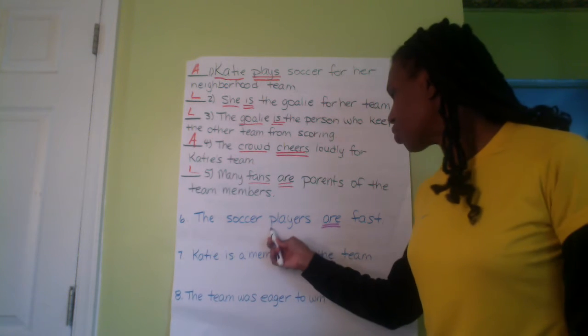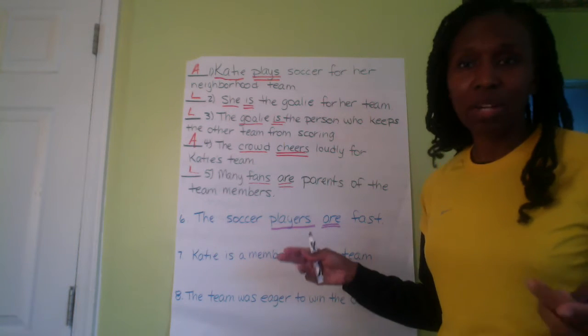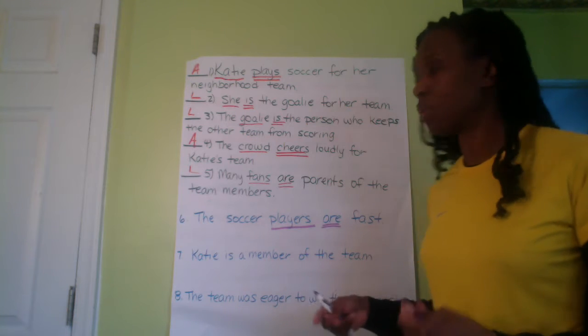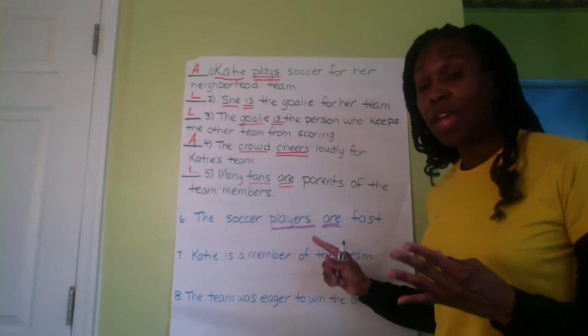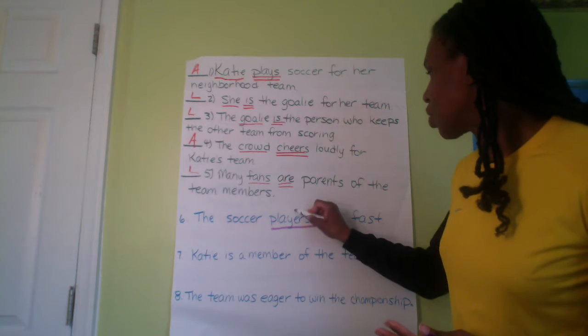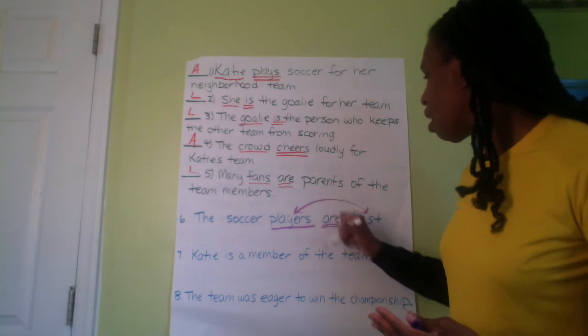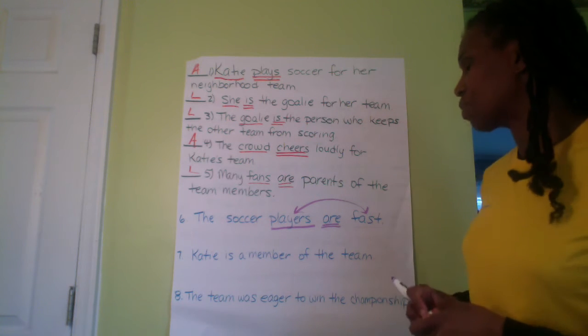It's the players are. Okay, so that's my subject. I know it didn't tell you to underline the subject, but you need to identify it in order to know what it's being linked to. So the players are who or what? They are fast. All right, so I'm going to draw an arrow from players to fast because are is linking those two words together.